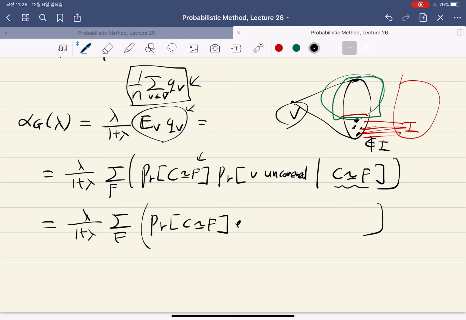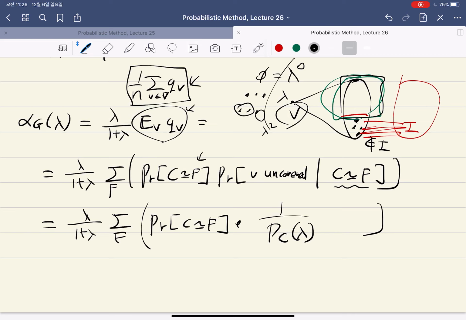That probability is exactly 1 over P_C of lambda. Because here again, among these vertices, the independent set of size 0, which is the empty set, is chosen with probability lambda to the 0, which is 1, and one vertex is chosen with probability lambda, and two vertices are chosen with probability lambda squared, and you add them all together, then this is what you get.